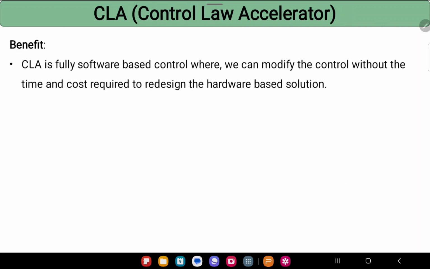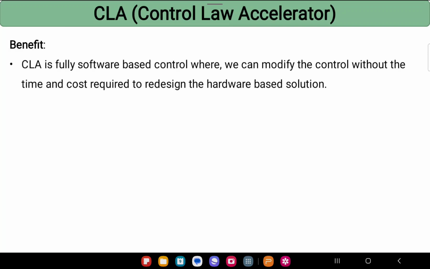Okay, so there is another benefit, as the CLA is completely software based. There is no hardware-based work that you need to do. When you are writing the program in Code Composer Studio for the microcontroller unit, the 28379D, you can modify the code.